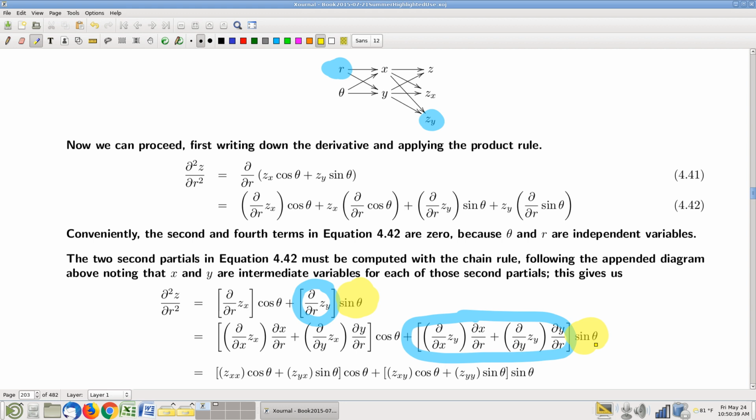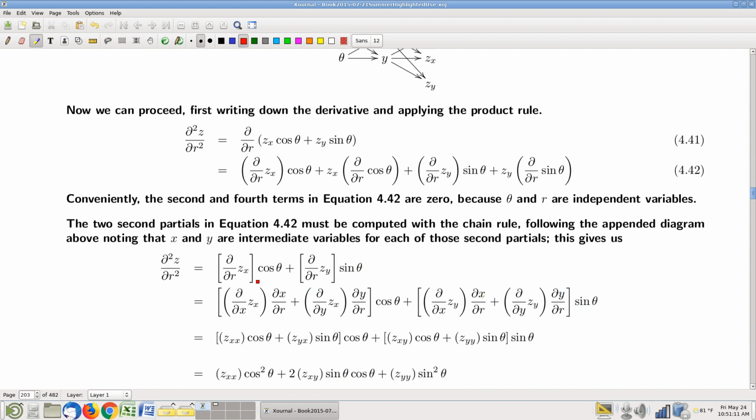And okay, so for this chain rule term here, we have again an x path and a y path, and thus an x term and a y term, like that. Everybody on board? Now it's just kind of dealing with details.